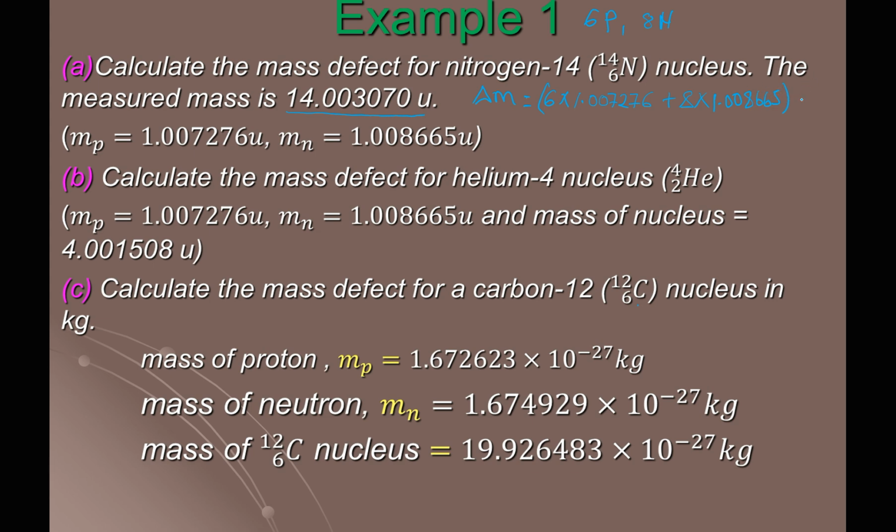That is the total mass of the nucleons minus the mass of the nucleus, which is 14.003070.